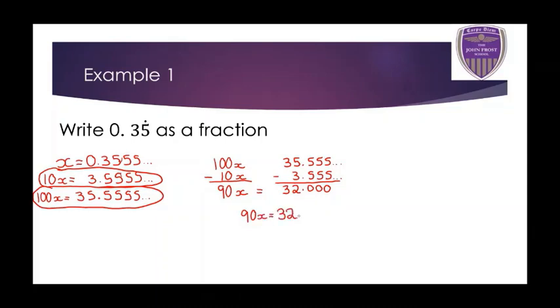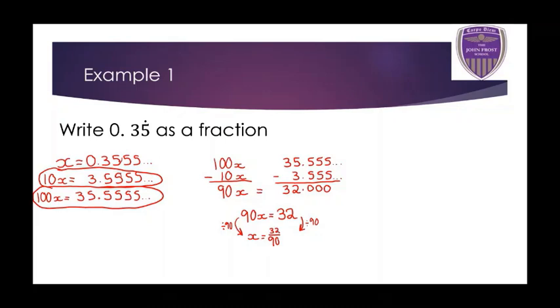Now to solve this, we simply solve this equation for x. So we need to get rid of this 90. I need to divide both sides of the equation by 90. And that will give me x is equal to 32 over 90.